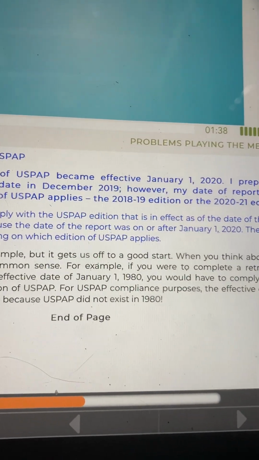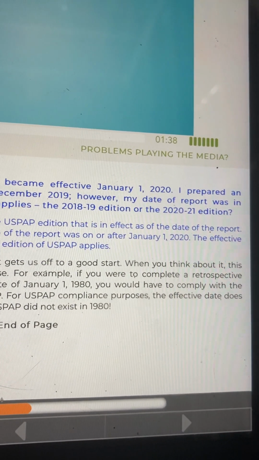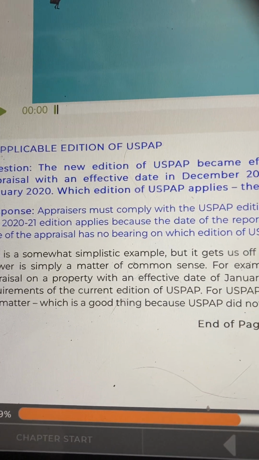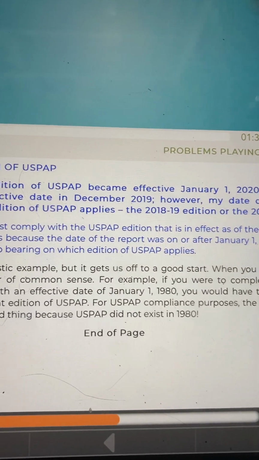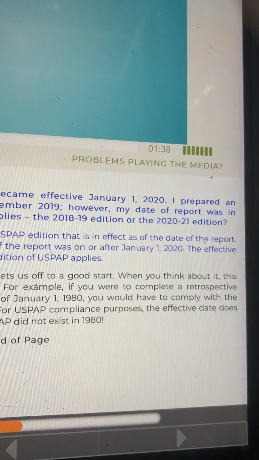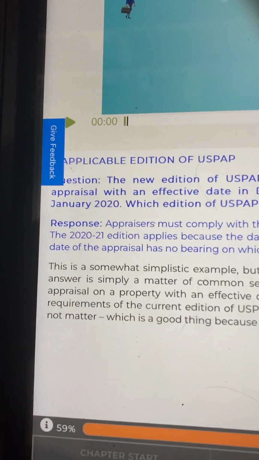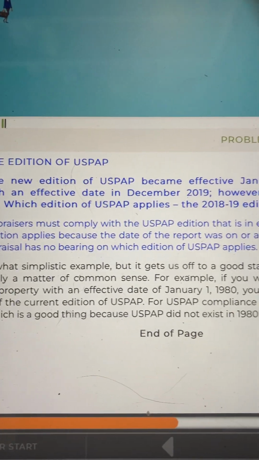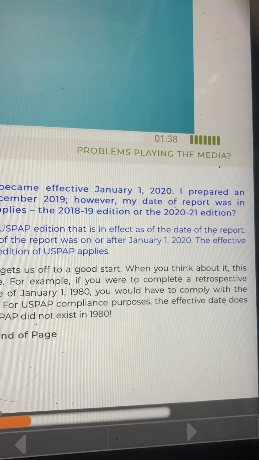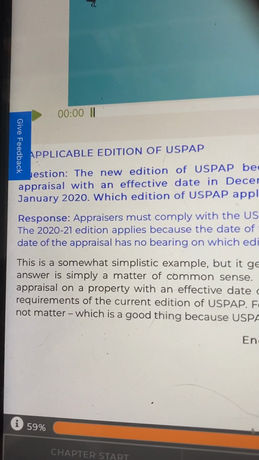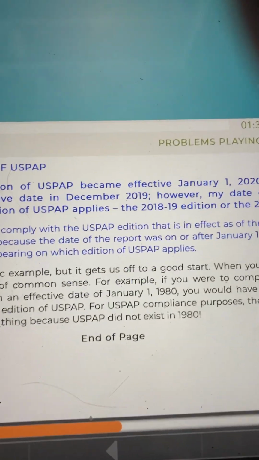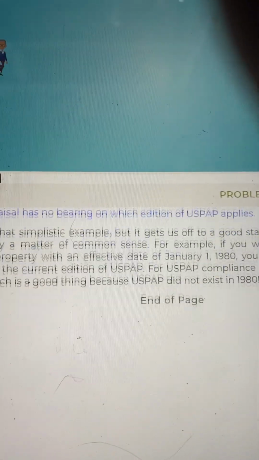For example, if you were to complete a retrospective appraisal on a property with an effective date of January 1st, 1980, you would have to comply with the requirements of the current edition of USPAP. For USPAP compliance purposes, the effective date does not matter, which is a good thing because USPAP did not exist in 1980. End of page.